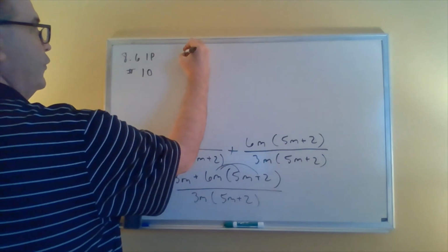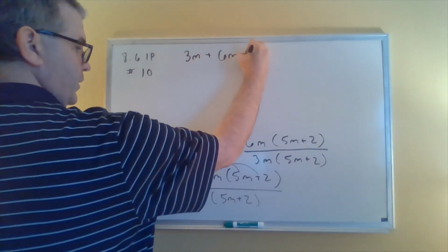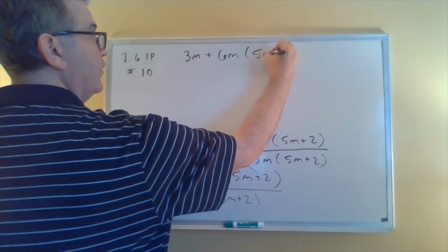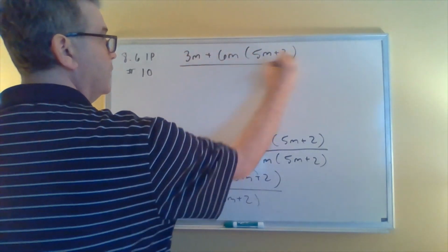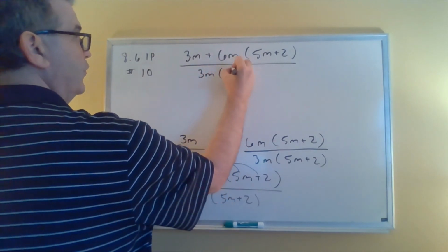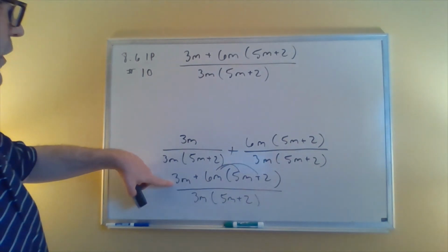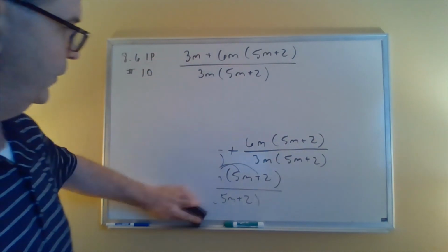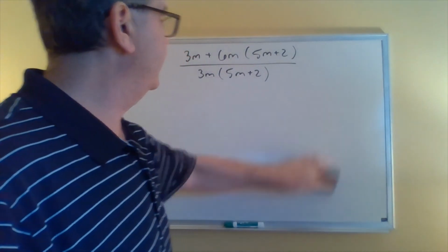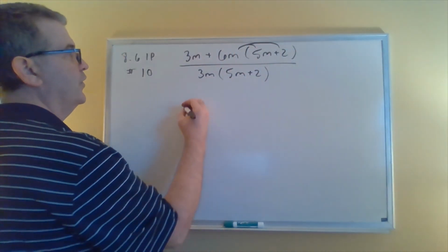So I'm going to have 3m plus 6m times 5m plus 2 in my numerator. My denominator, I have 3m times 5m plus 2. Okay, so I've rewritten this bottom fraction up top, so I can erase this so I got some room to work with. I'm going to distribute that 6m through and see if I can't do some more simplifying.